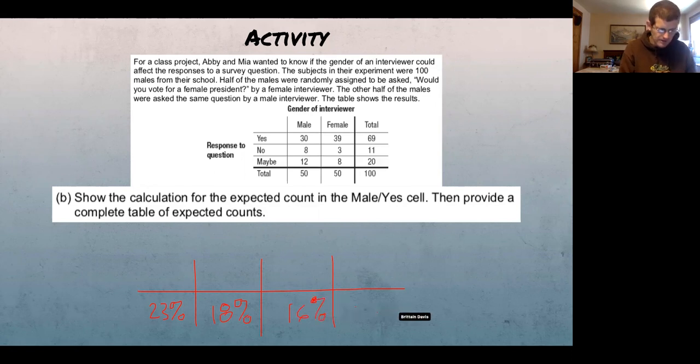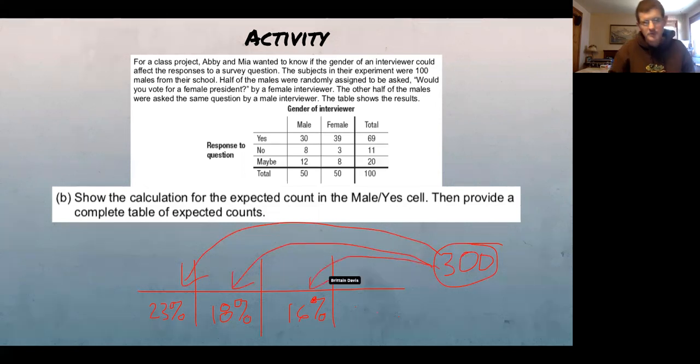There were more, so it doesn't matter. Then there was a total of 300. So to figure out the expected count, we just take the sample size and multiply it by each percent.